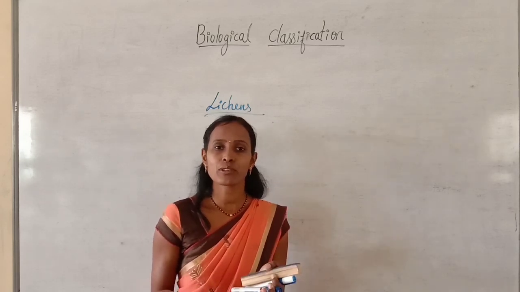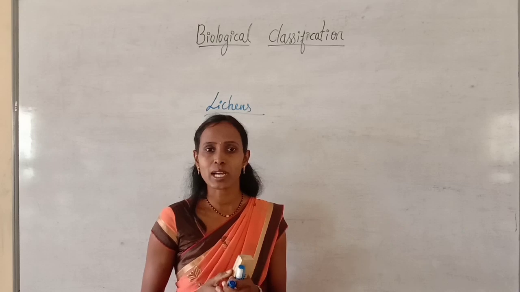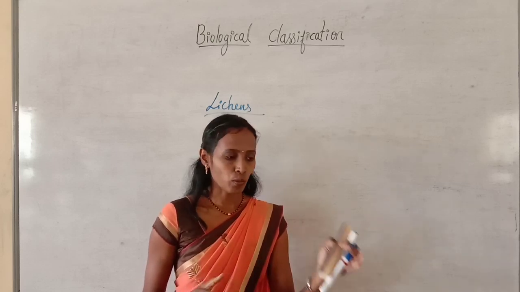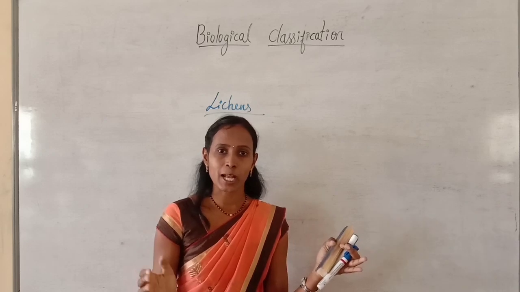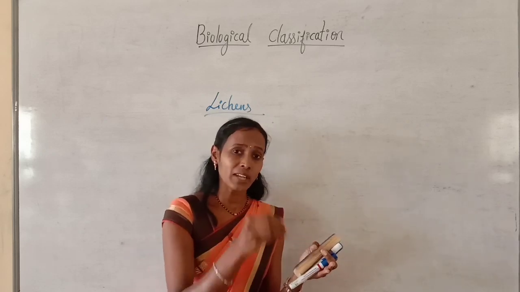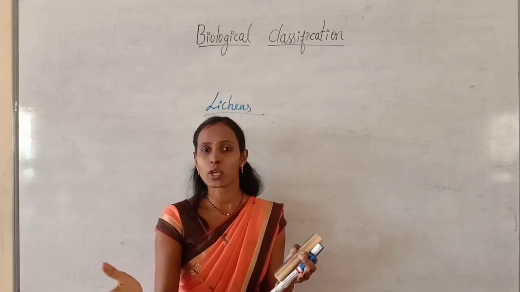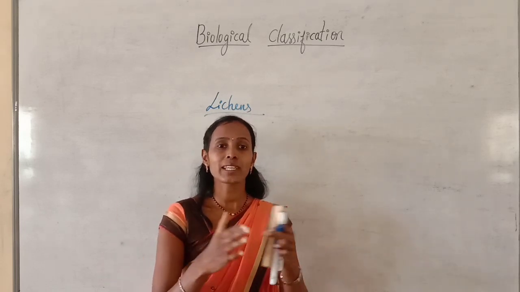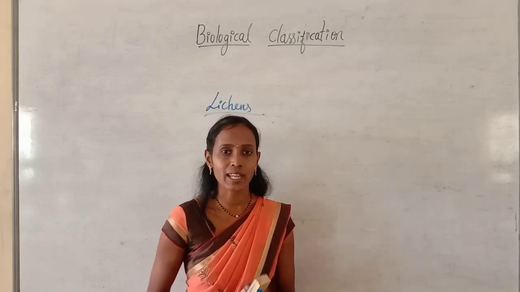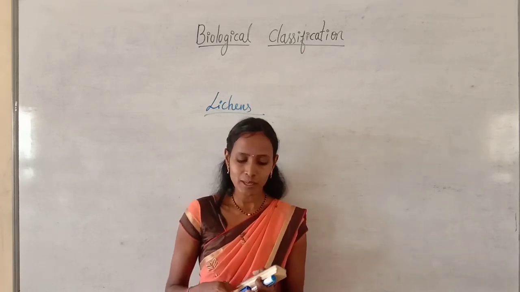So what is symbiosis? Symbiosis is nothing but the mutual benefit between two organisms. If there are two organisms, one organism helps the other, and at the same time this organism is also helped by the other one. So both are getting benefit. That mutual benefit between two organisms is called symbiosis.